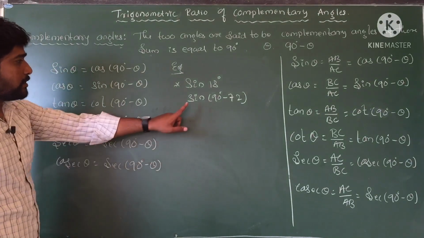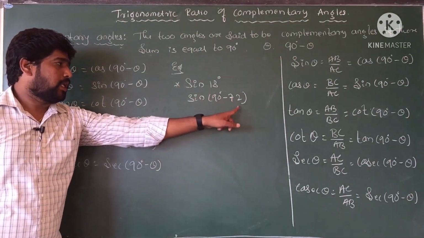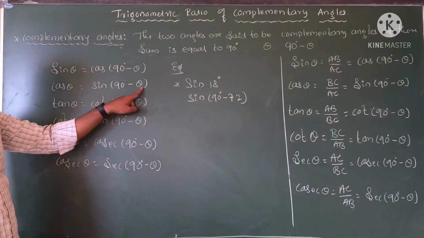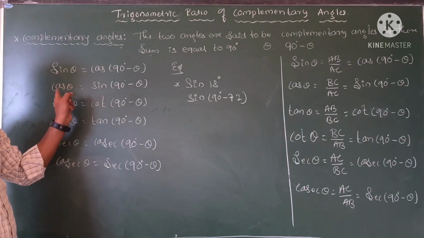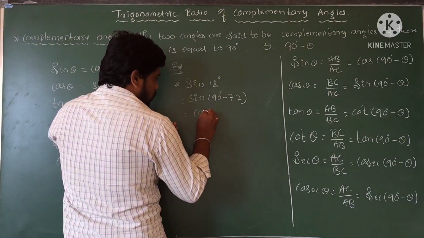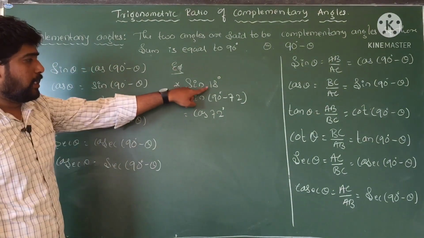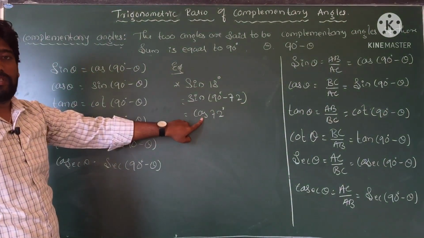And see here, sin 90 minus theta we can write as cos theta. Directly cos theta, so this one we can write cos 72. So sin 18 we can write cos 72.